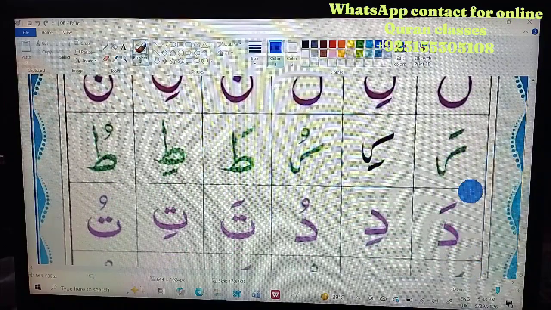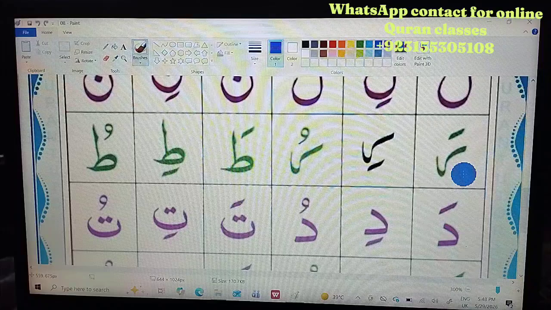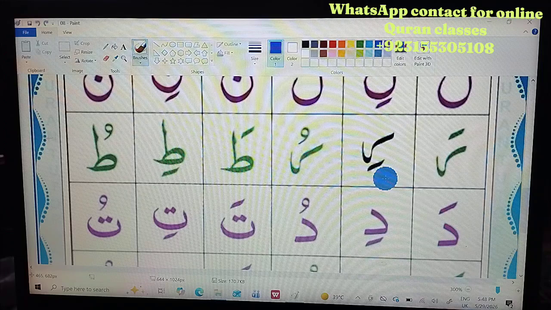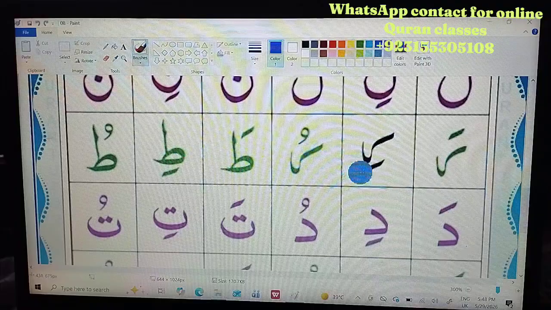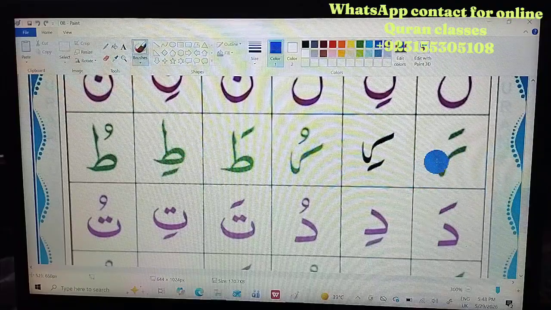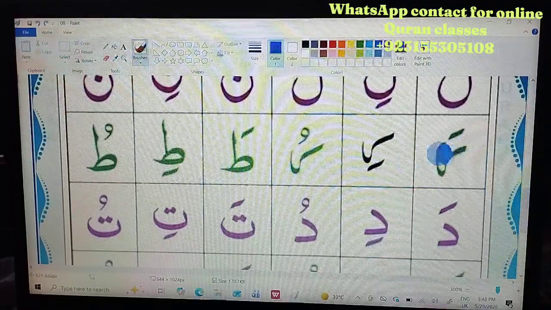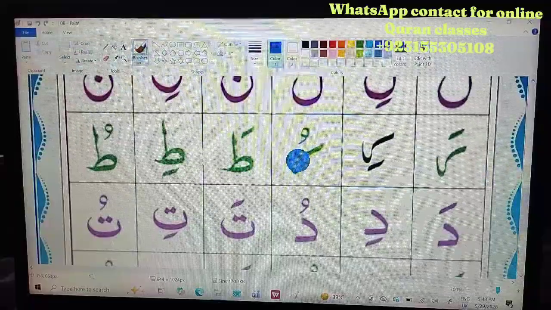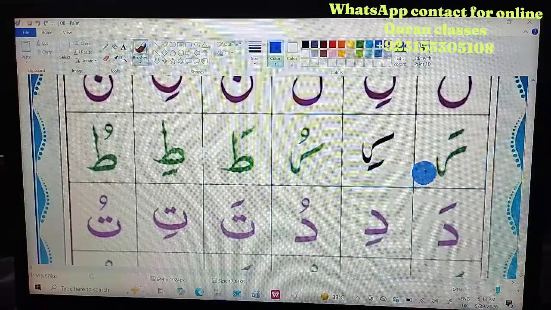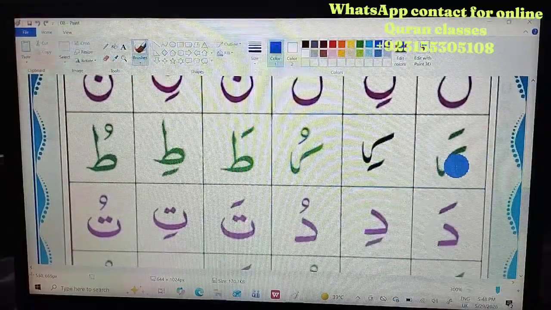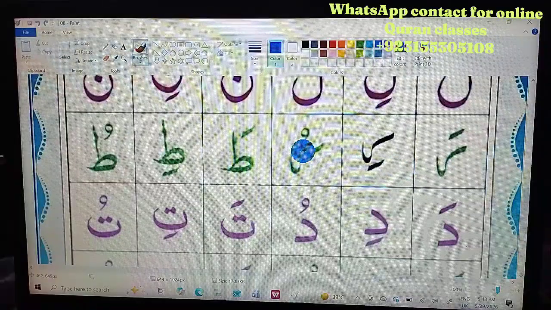Now the next letter is Ra. Ra Fatha Ra, Ra Kasra Ri, Ra Dhamma Ru. Now here is another rule: if Ra has Fatha or Zamma, we read the Ra bold, like Ra and Ru.